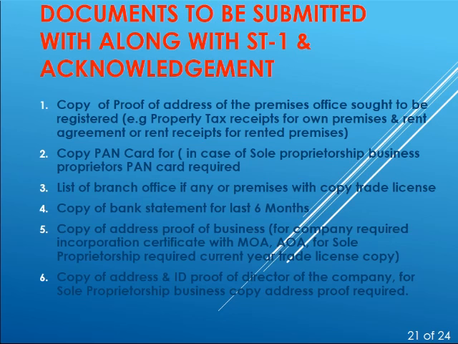Details of main bank account, certificate of incorporation plus MOA plus AOA or partnership deed or bylaws, list of directors, authorization by the board of directors or partners or proprietor for the person filling the application.